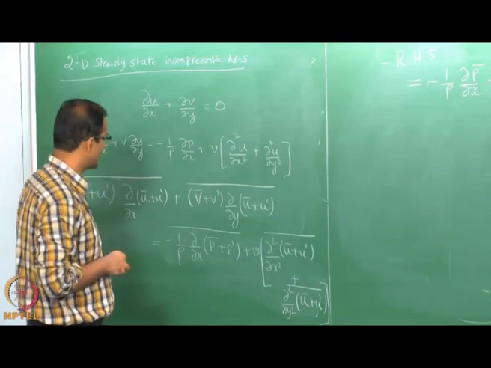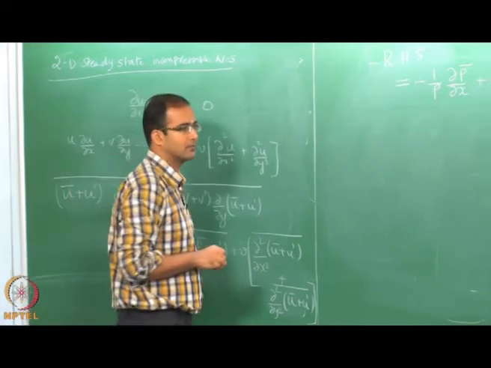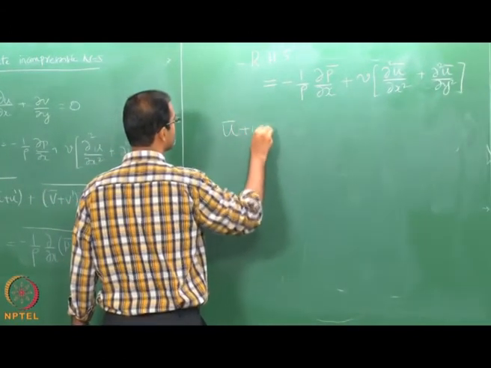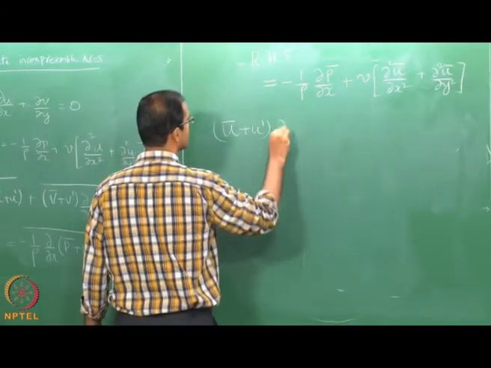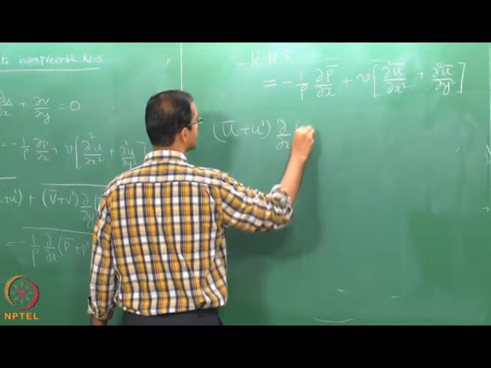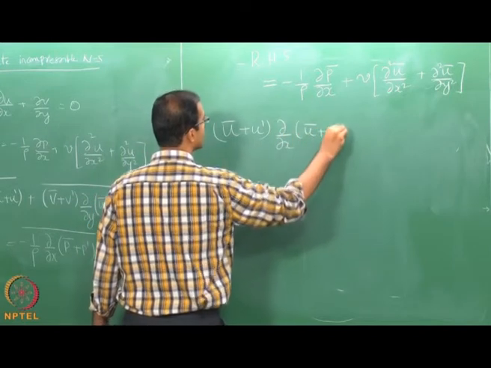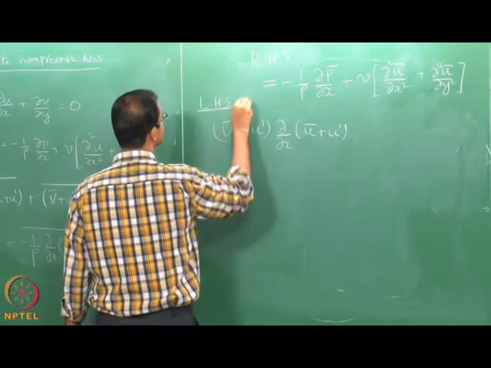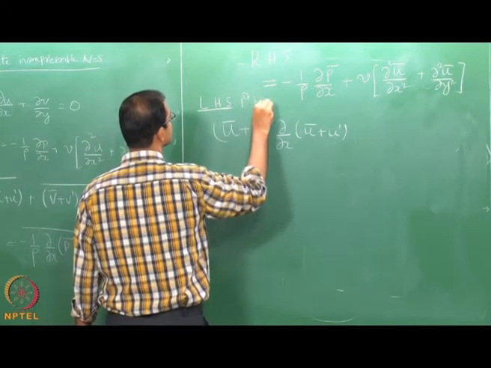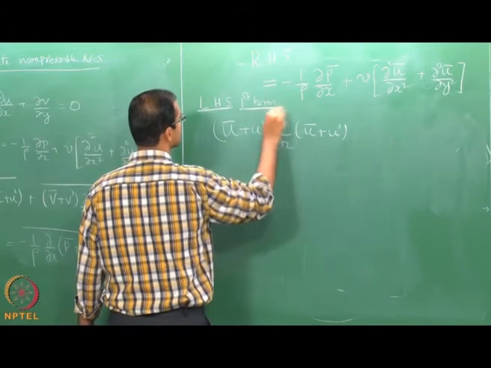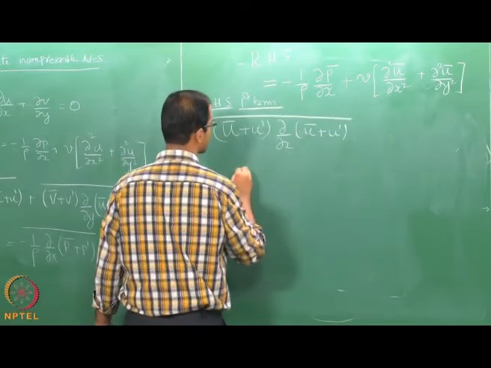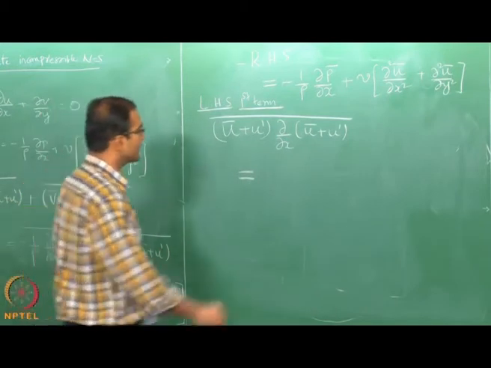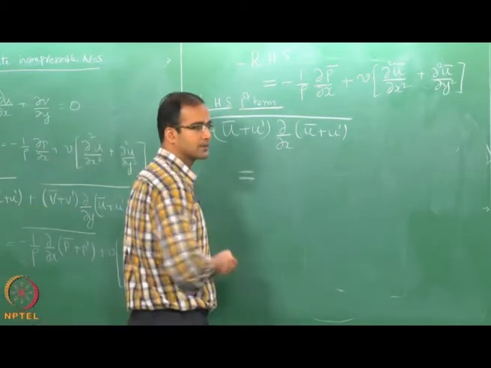So, let us look at the left hand side, first term. Okay, so u bar plus u prime into d by dx. How can we write this? We can split into 4 terms.